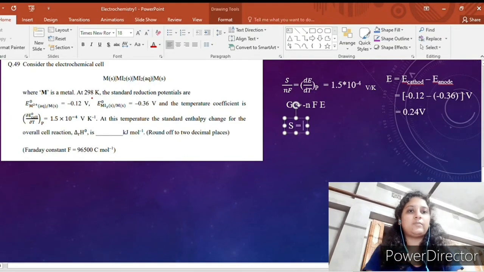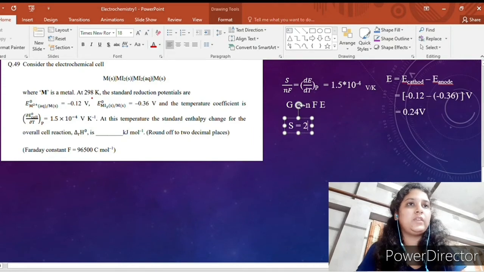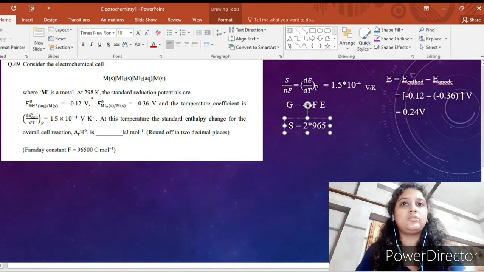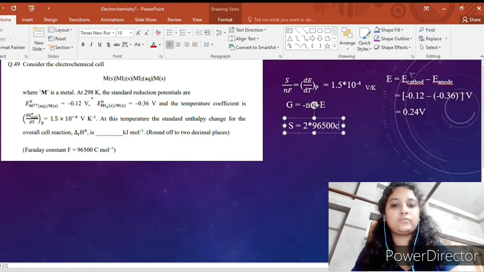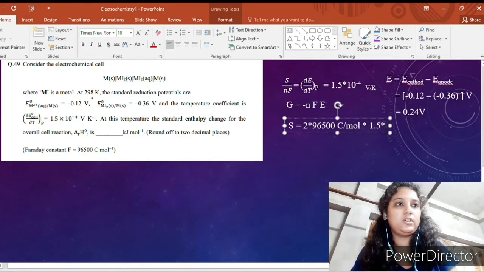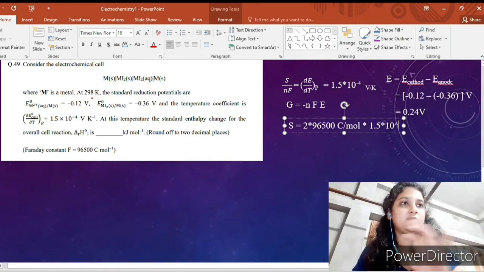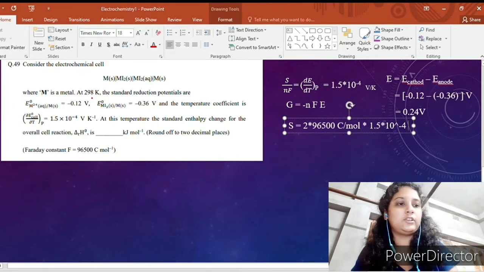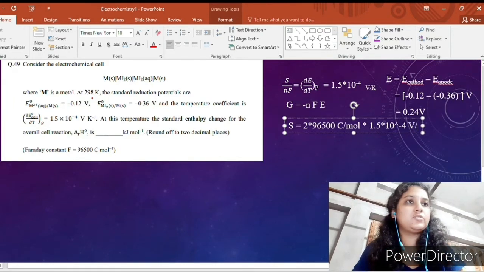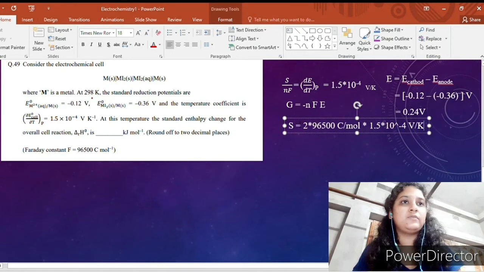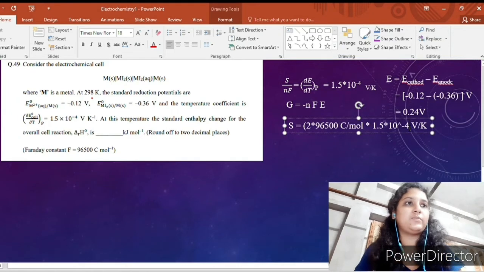Here n is the number of electrons transferred, equal to 2, into F, which is given as 96500 coulomb per mole, into 1.5 into 10 to the power minus 4 volt per Kelvin. So this value is the value for entropy.